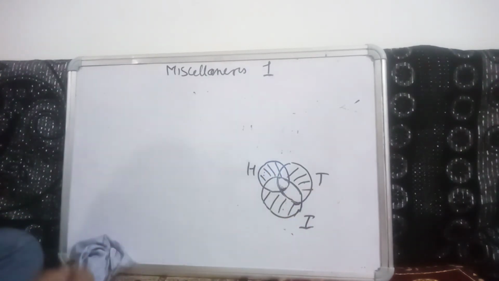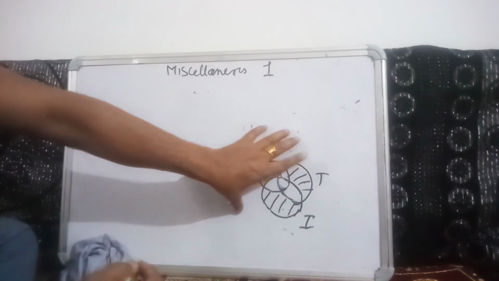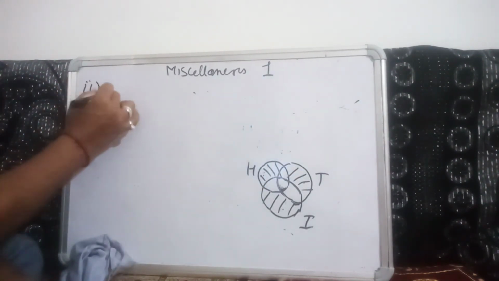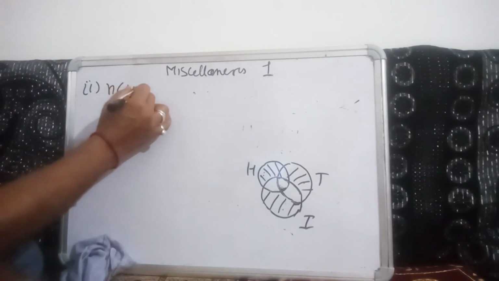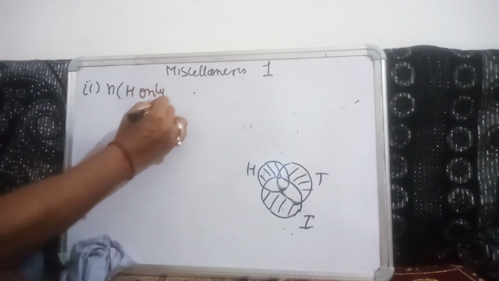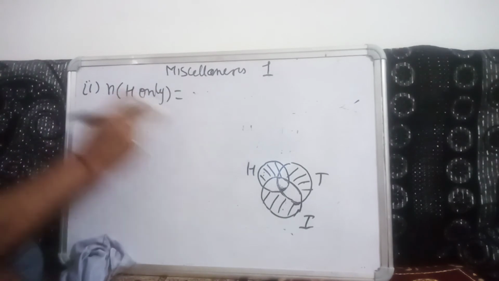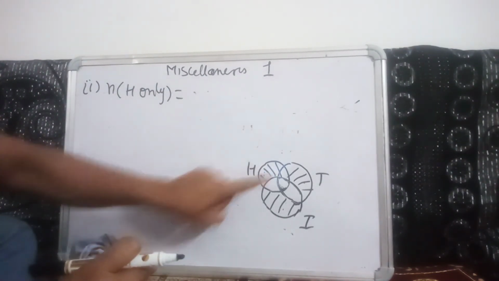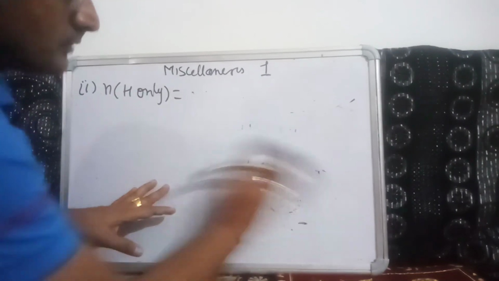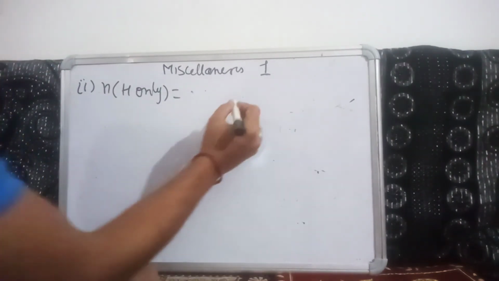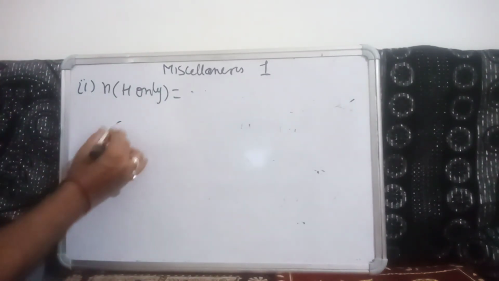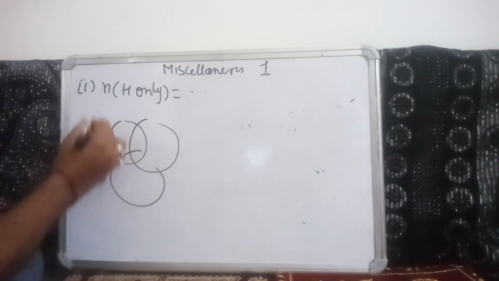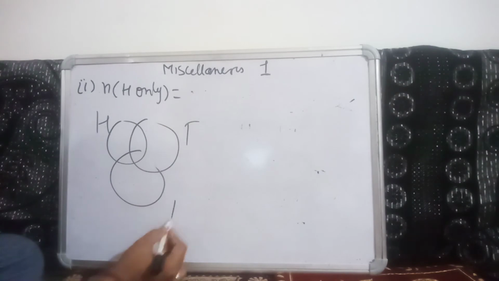That is our answer. So if you see this figure, and if I write the second part as n(H only), see carefully, I will not write this for every set. H only means only this part.